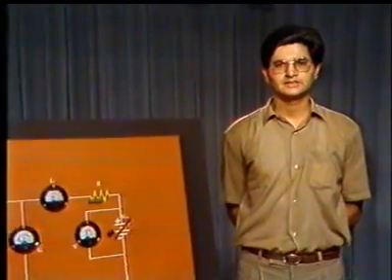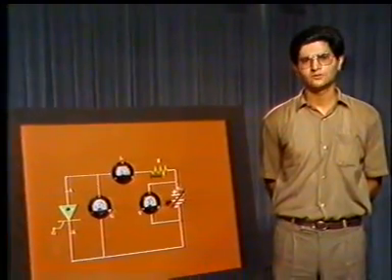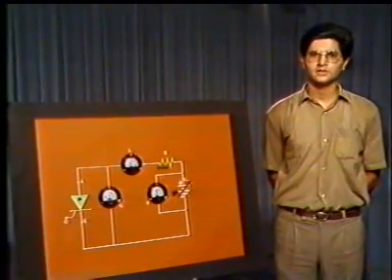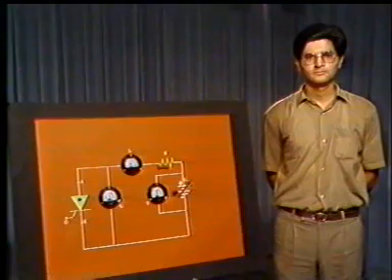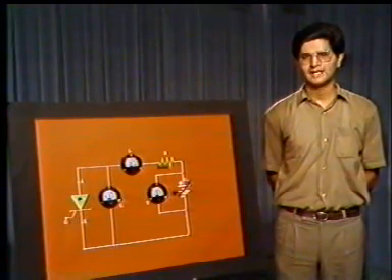Now let us reduce the voltage and see what happens. We had earlier seen that the SCR turns on at 115 volts, and therefore we expect it to turn off at 115 volts. Now let us reduce the supply voltage and see what happens.